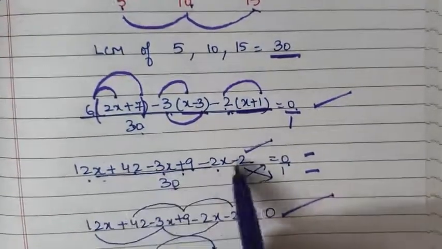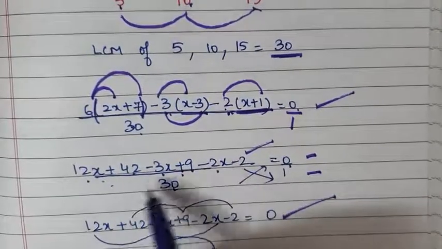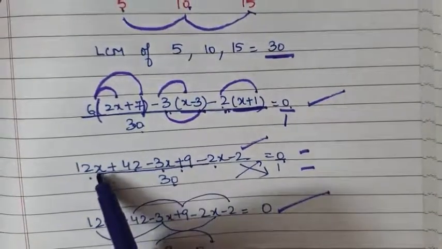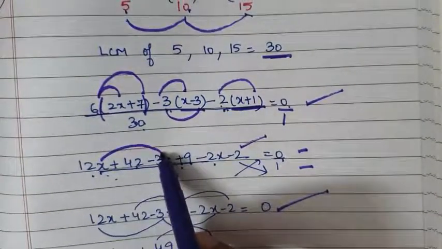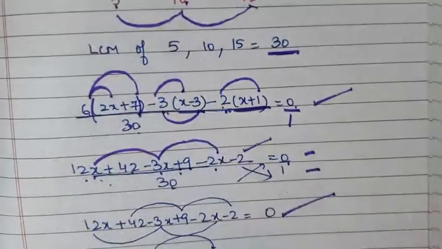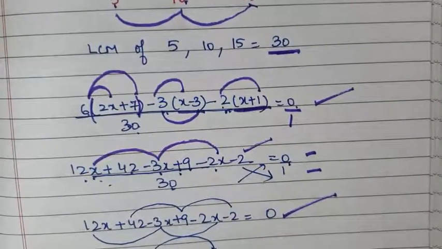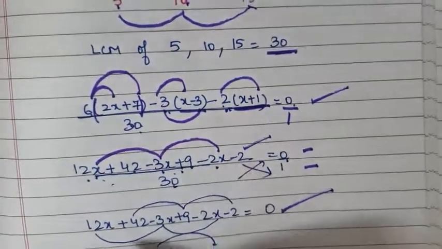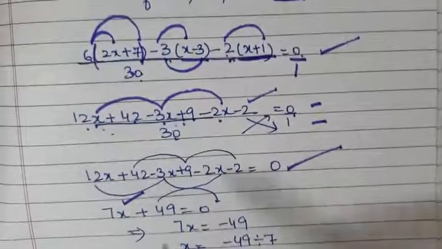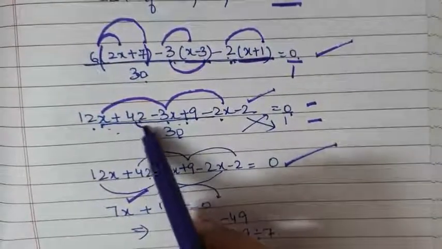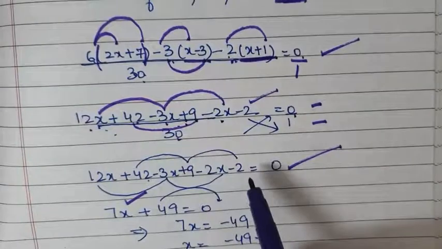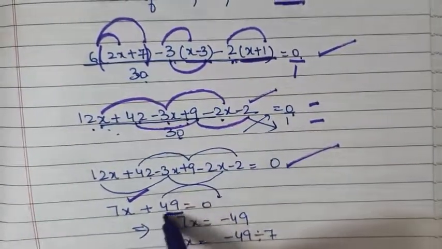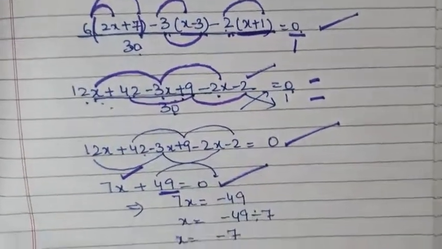Now combine the terms having variables and then the constant term. 12x minus 3x minus 2x. Now 12x minus 3x is 9x. 9x minus 2x is 7x. Now 42 plus 9, 51. 51 minus 2, 49 is equals to 0.